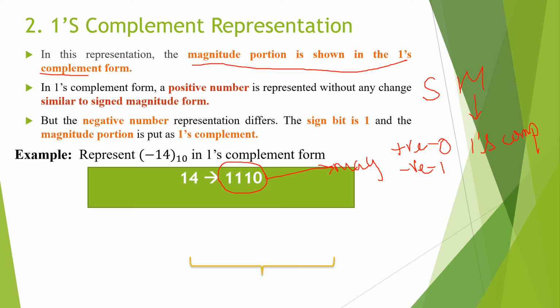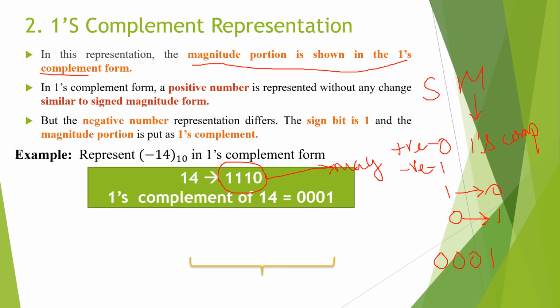For this magnitude part you take the ones complement. You know how to take it: 1 is replaced by 0 and 0 is replaced by 1. So the ones complement for 14 will be 0001.